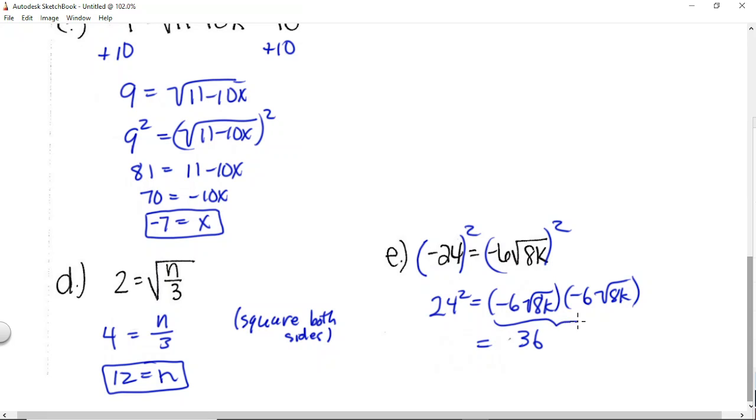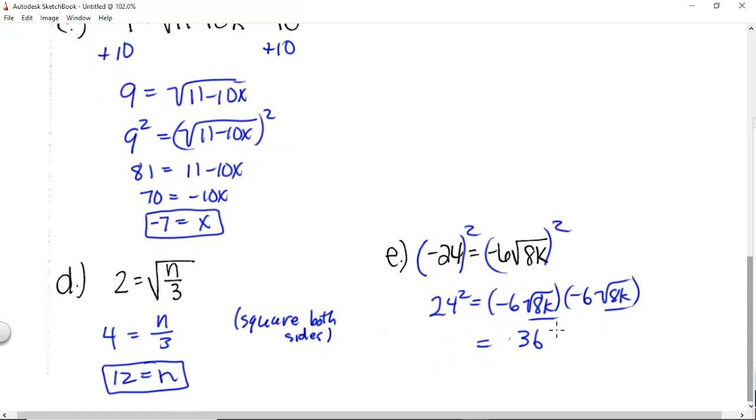We could multiply this out. That's what we're doing here, squaring both sides. And we would take the negative 6 times negative 6 is 36, and this times this. And this is just multiplying the coefficient times the coefficient, and then the radical times the radical. Well, that does cancel.